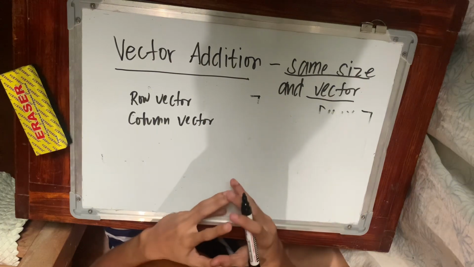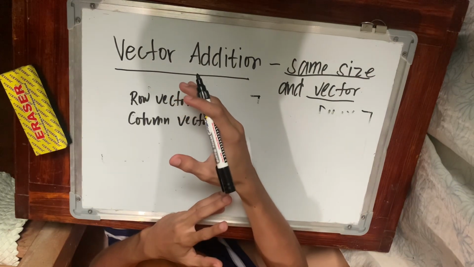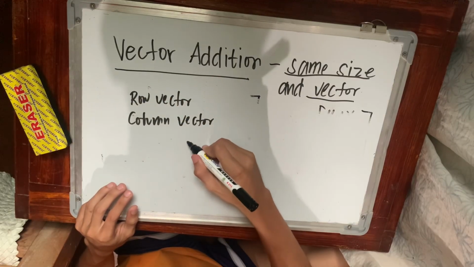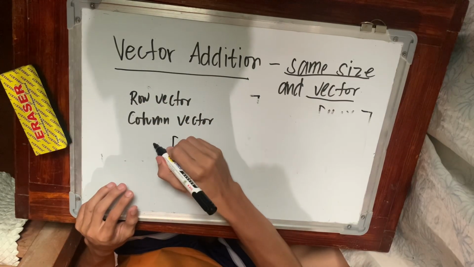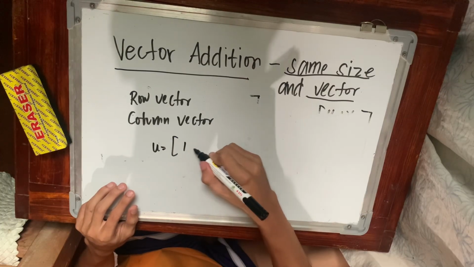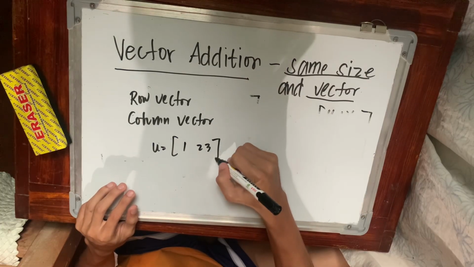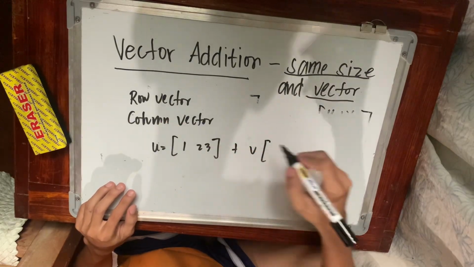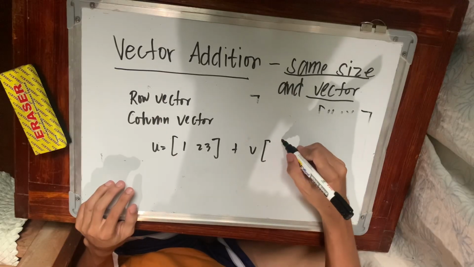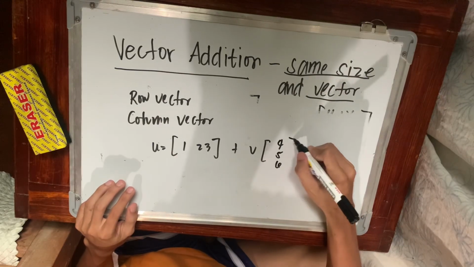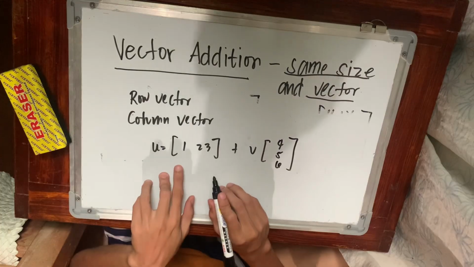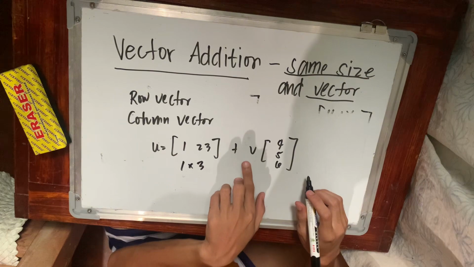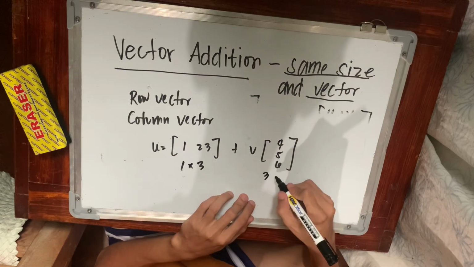The answer is no. Take for example a row vector u that is 1, 2, 3. If we add it to the column vector v that is 4, 5, 6, notice that the size of the first matrix is 1 by 3 and the second vector is 3 by 1.